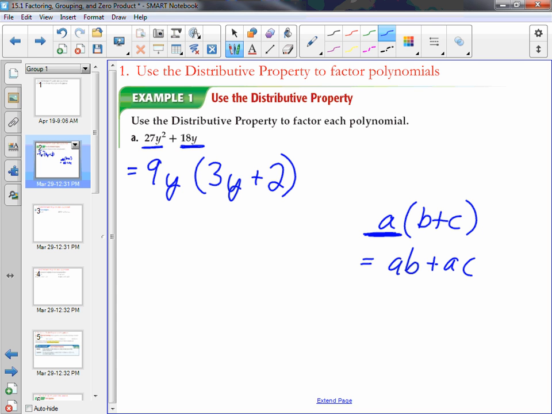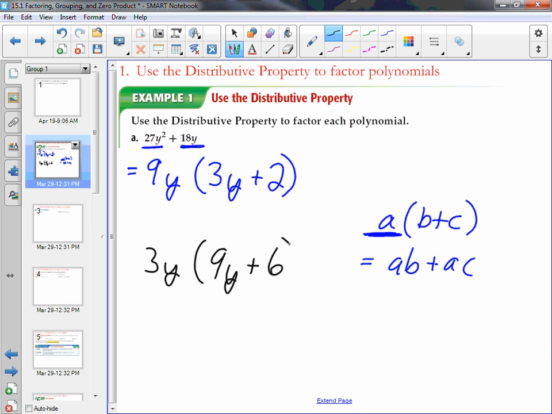Okay? Now, from time to time, you might catch yourself not getting the greatest common factor. Like, for instance, what if we'd taken out a 3y? Then we would have said 27 divided by 3 is 9. Y squared divided by y is y. 18 divided by 3 is 6.